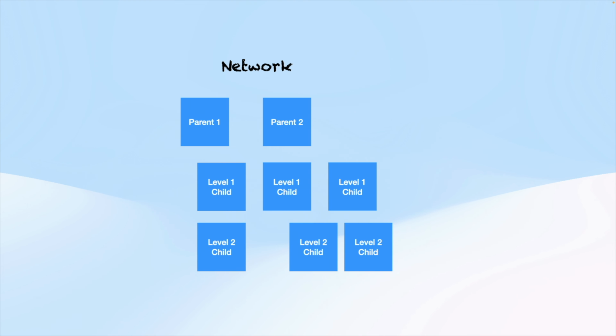These relationships can form complex structures, allowing for multiple interconnected paths between different pieces of data. This flexibility makes network databases ideal for situations where data doesn't fit into a simple hierarchy.